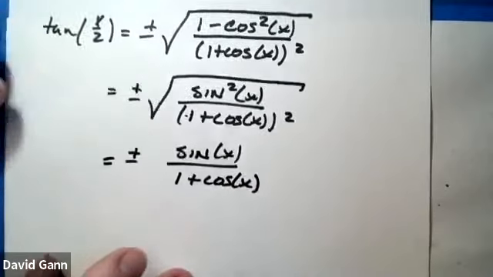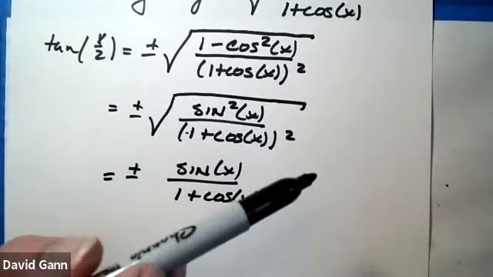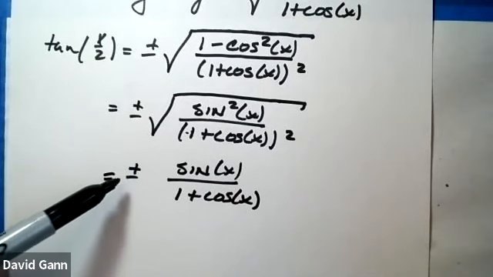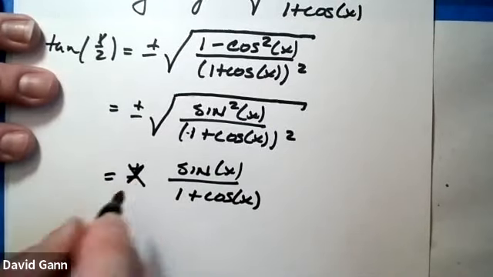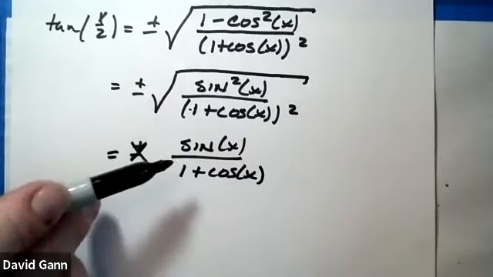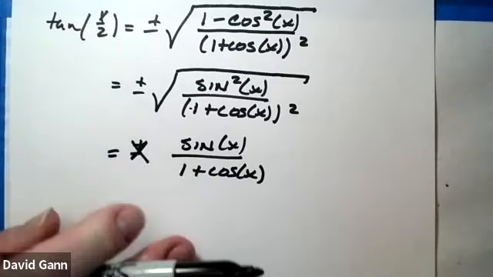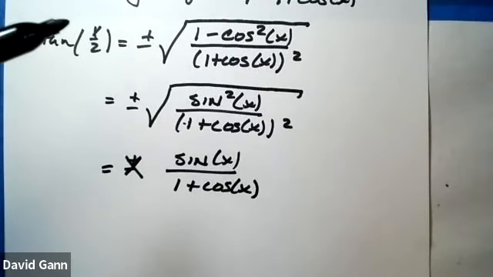And we can make exactly the same argument as we did before with all those quadrants, but what you'll be left with is that this plus or minus just simply goes away, and that the sign of this ratio here is always correct for any value of x.